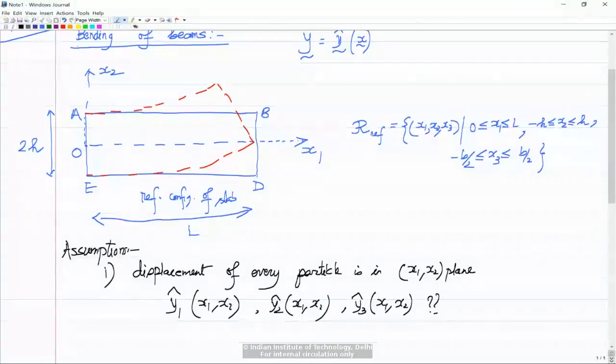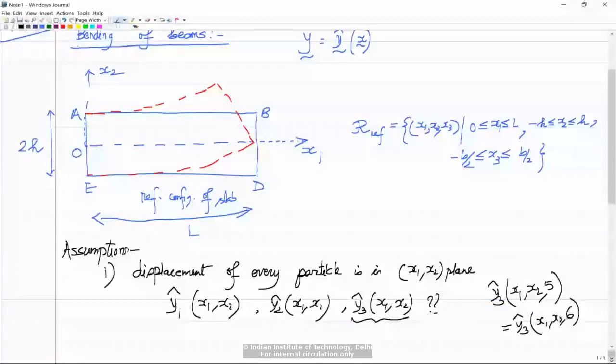See, if you say, for example, that y3 hat is just a function of x1 x2, what this means is that for every x3, they are all going to collapse onto some constant x3 plane. So y3 hat of x1 comma x2 comma, let us say 5, will be the same as y3 hat of x1 comma x2 comma 6.